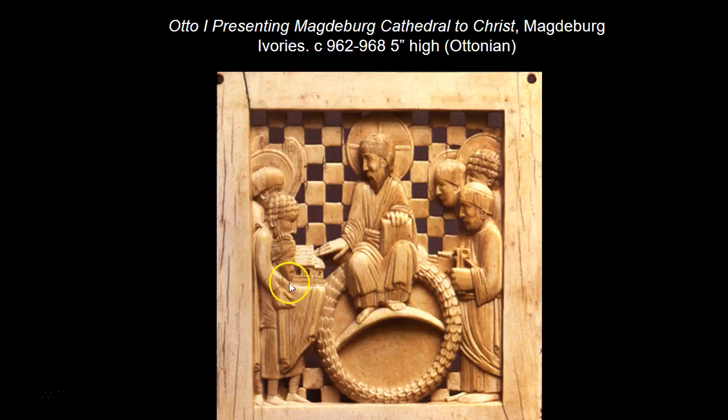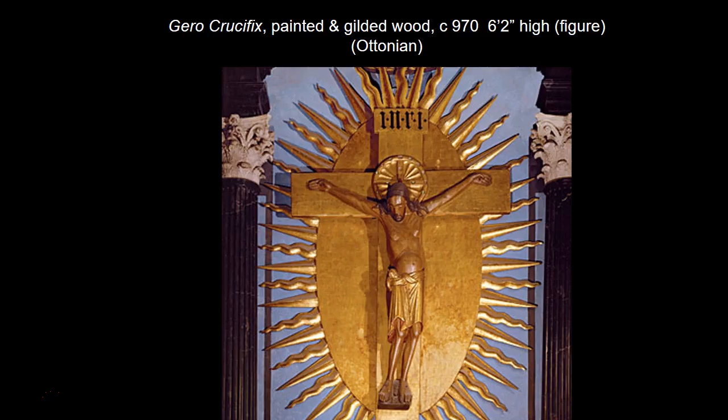So here's Otto holding the church with a drape over his arm because it's holy, so he's not going to touch it, and he doesn't want to accidentally touch Christ, right? We see Christ with the cross nimbus sitting on an orb, essentially. This is straight out of the Byzantine world, right? So while the Carolingians preferred the Roman style, the Ottonians preferred a more Byzantine style.